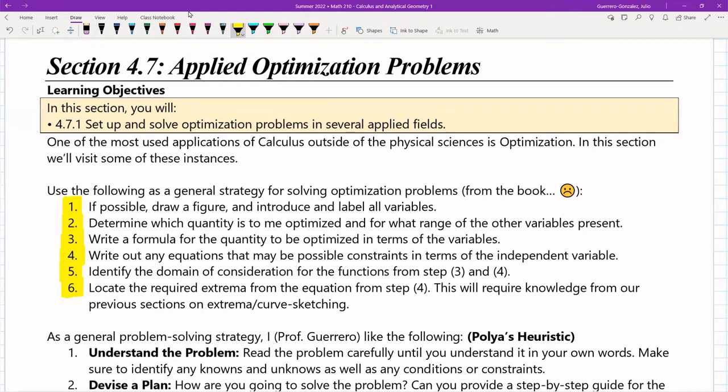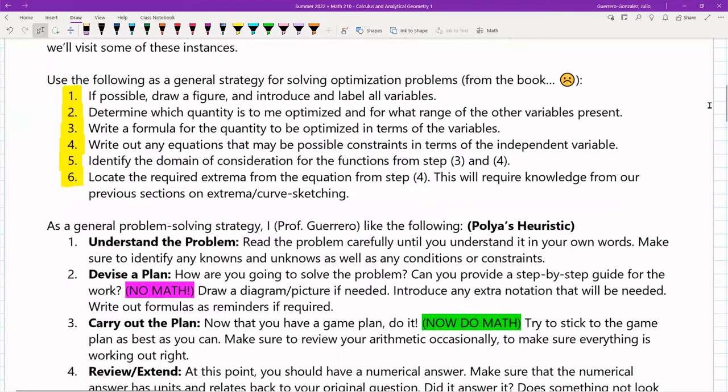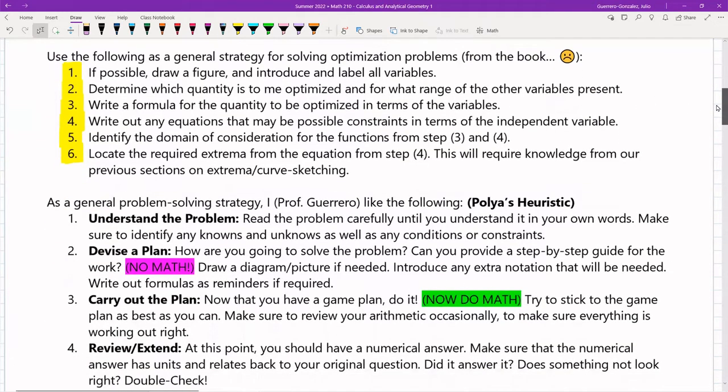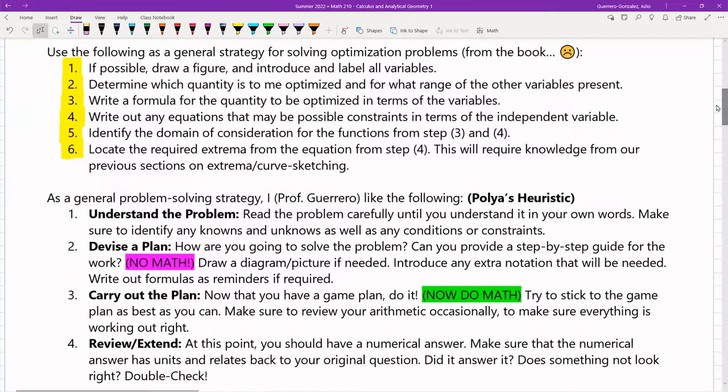So what I have below is a separate problem solving strategy that I think is much more useful for everything outside of this class. This is a much more general problem solving strategy, which will not only help you in this math course, but outside of math, in your physics class, your economics class, your sociology class, your chemistry class.